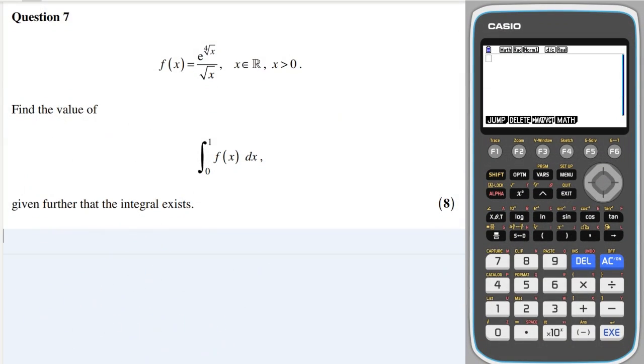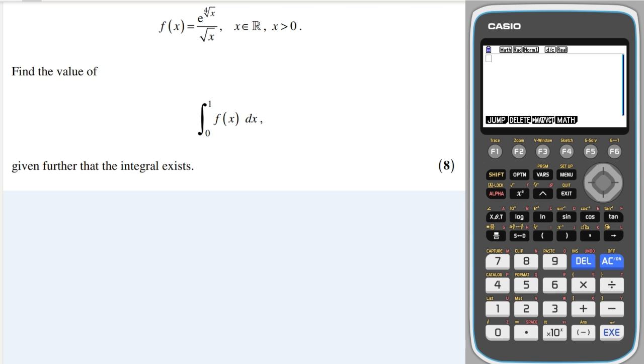Here we go, cheeky integration by parts via integration by substitution. And MADAS has been a bit cheeky here, not telling us what the substitution is, but don't worry, don't fear, we can figure it out, because we need to look at the most annoying part of the integral, and that is this fourth root of x. So let's sub that right out.